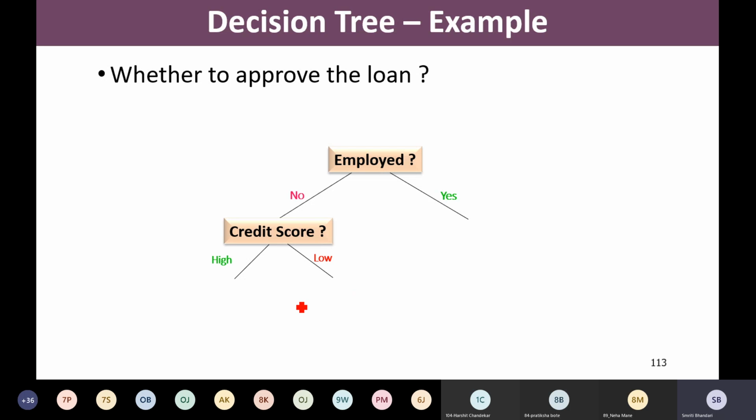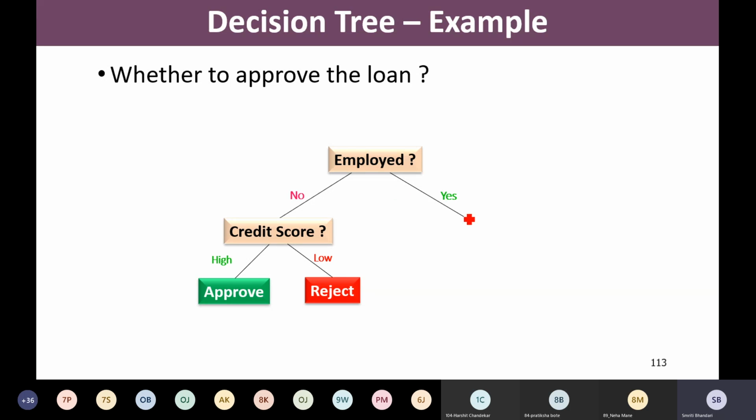So the bank officials may decide that if credit score is high, then approve the loan. If credit score is low, then reject the loan. Right? So this is regarding the person. If the person is not employed, we are checking another condition, and according to that we decide whether to approve or reject the loan.